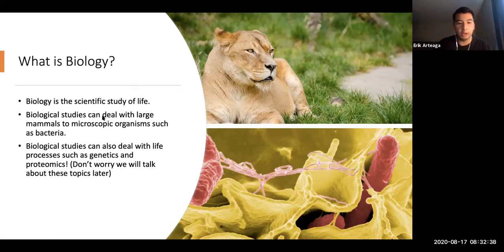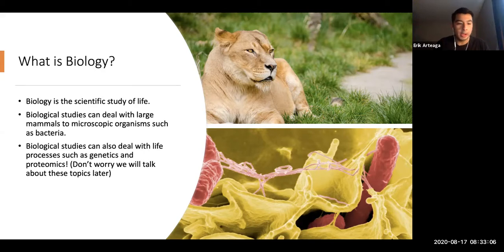So when we talk about ecology and things like that, I will be referencing bacteria more than, let's say, ecological systems found in the rainforest, okay? Because that's what I know about, all right? So biological studies can also deal with life processes such as genetics and proteomics. And I know proteomics is a scary word. We'll talk about it much later, but it's talking about the functioning of proteins, okay?